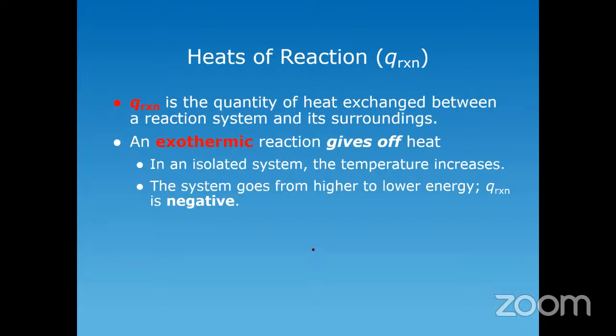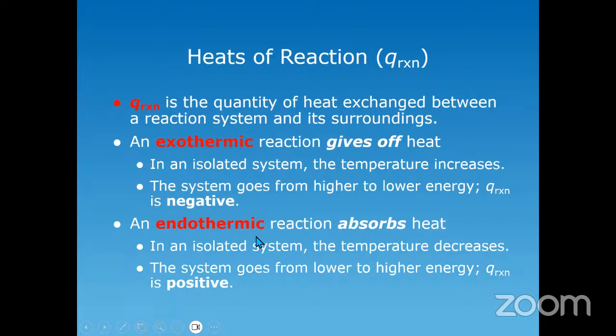So that's what happens in an exothermic reaction. And the consequence of the system losing heat is that the system will go from a higher to a lower energy, and the heat of the reaction is negative, right? So if it's producing heat, then the heat of reaction is negative.